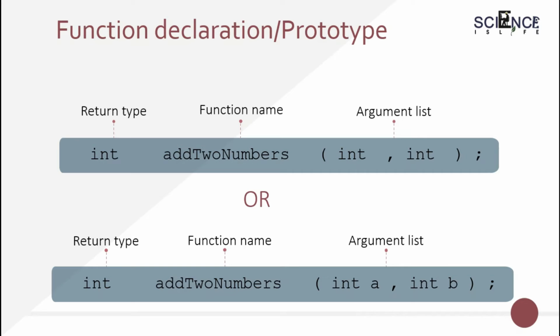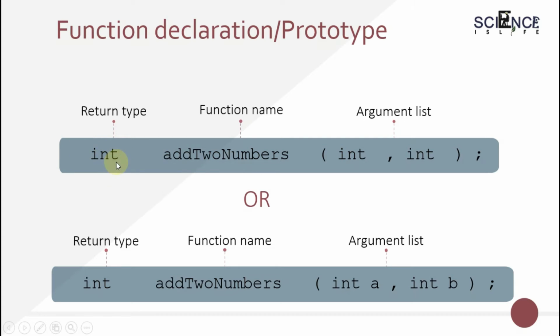Right. So here I have mentioned how function prototype or function declaration is done. There are two methods actually. This is the first method. First of all, we need to mention the return type of our function, right? If we are going to return an integer, then we need to mention int, right?